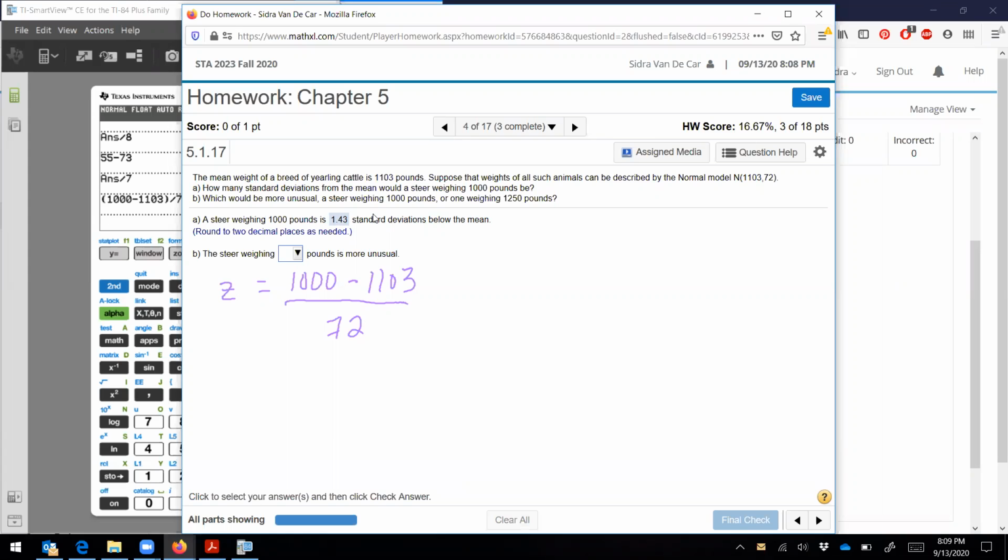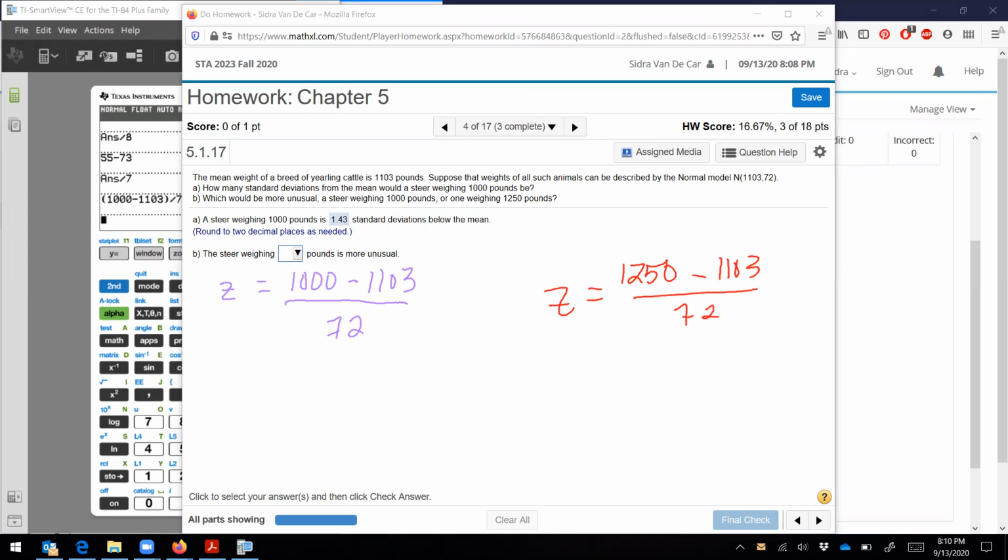Which would be more unusual, a steer weighing 1,000 pounds or one weighing 1,250? Well, let's get the z-score for 1,250. So z equals 1,250 minus the mean, which is 1103, over the standard deviation, which is 72.